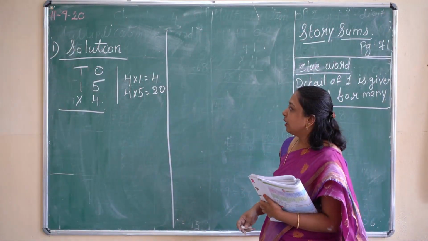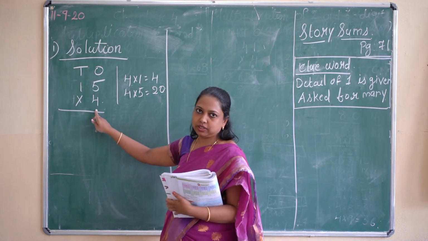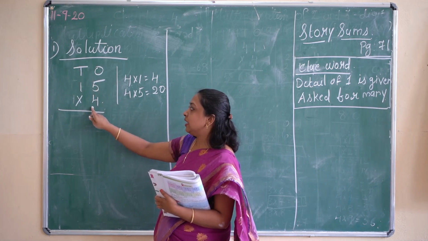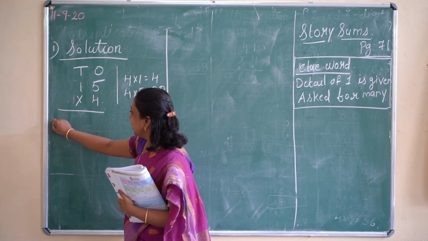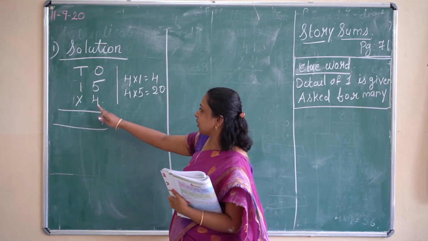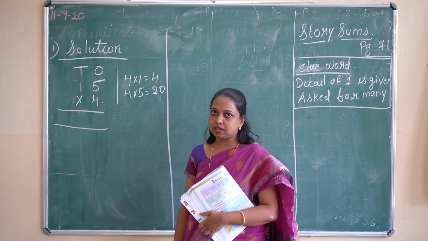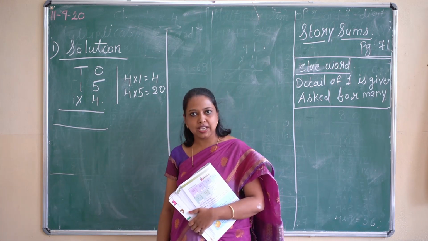Okay, now 15 multiplied by 4. In 15, you know 5 is at the ones place and 1 at the tens place, and 4 at the ones place. We can start the multiplication, and remember the multiplication table of 4. First we will start from the ones place. 4 multiplied by 5. From the multiplication table, 4 5s are 20.